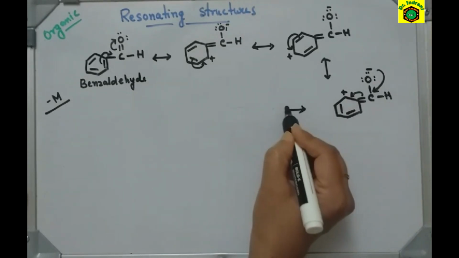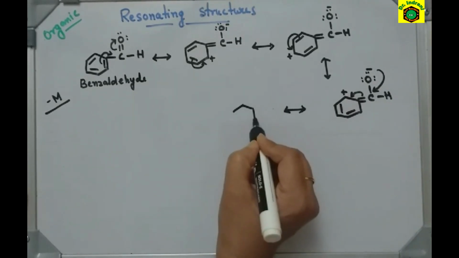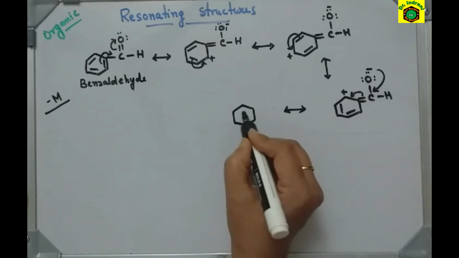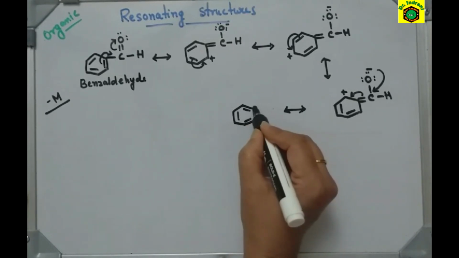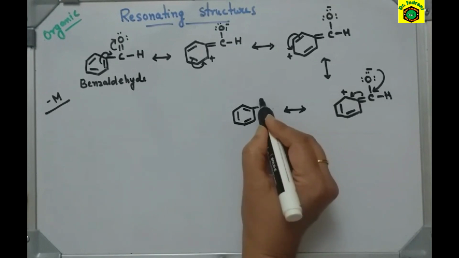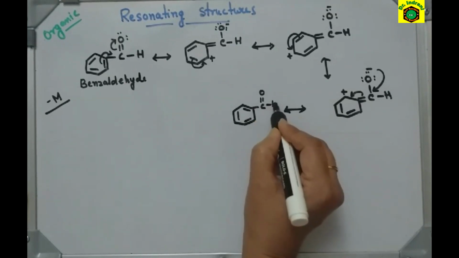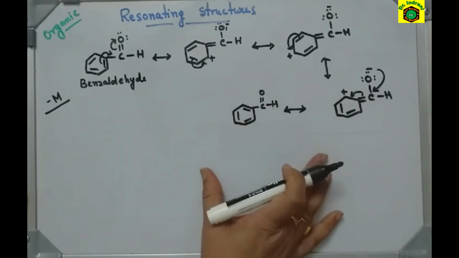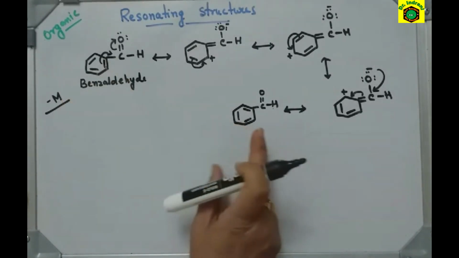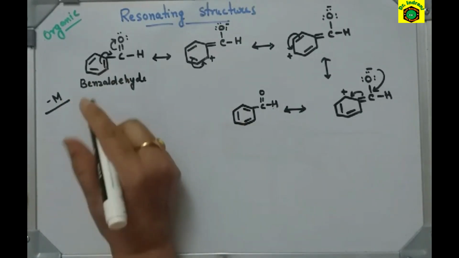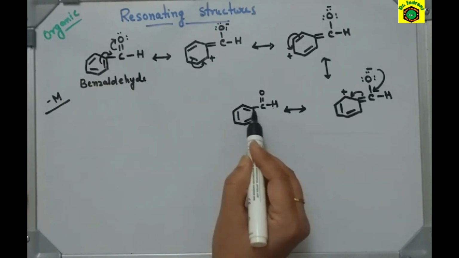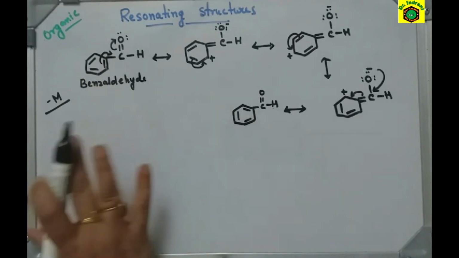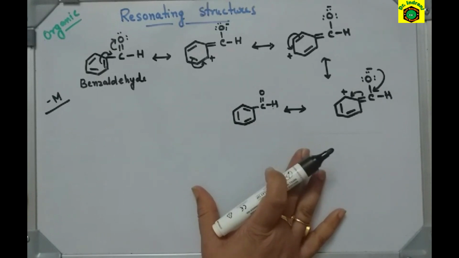We will get the next structure, so here 5 resonating structures we are getting. What is the difference between this and this structure? See, here double bonds are at these positions, here double bonds are at these positions. So total 5 resonating structures we are getting.